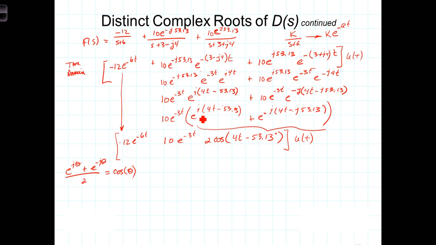We have e to the plus j times something plus e to the minus j times something. So this then represents 2 times the cosine of 4t minus 53.13 degrees. This then is the function f of t. That's what we started out to get when we started over with that original f of s.